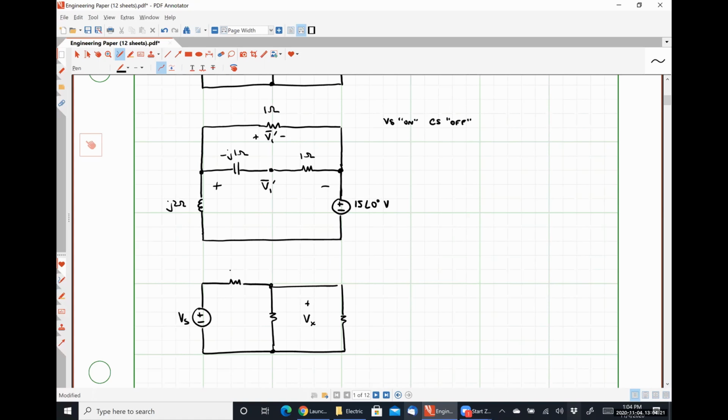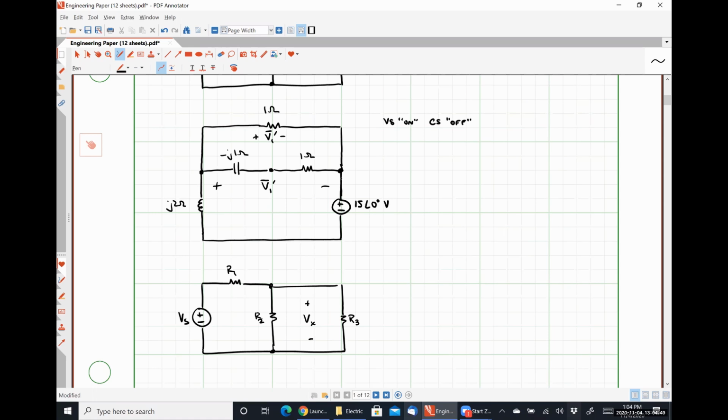How would we approach determining the voltage Vx in a problem like this? How could we do it? Voltage division. How is what I've drawn here any different than what we have up here, except for the fact that there are impedances as opposed to just resistances?